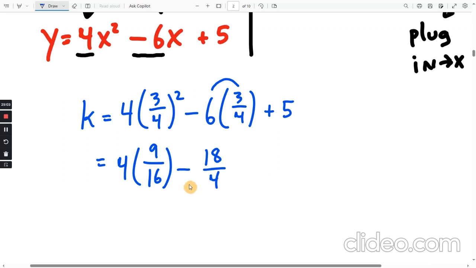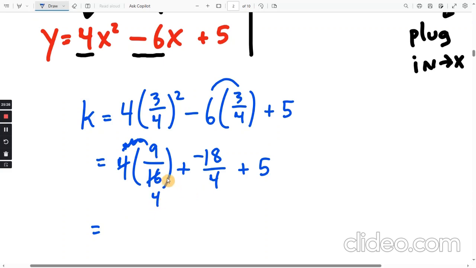Negative 18 fourths, or you can write plus negative 18 fourths. That's the same thing. And we have plus 5. Oh, we can reduce. 16 divided by 4 is just 4.